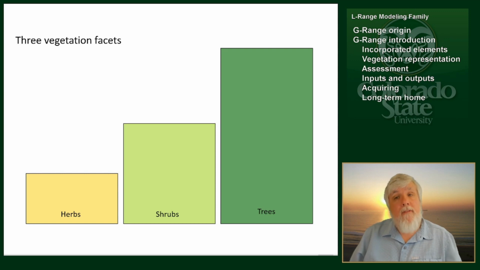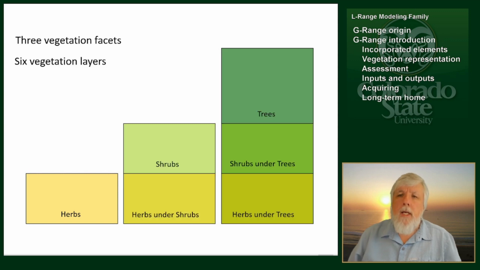So again, we have 3 vegetation facets. That includes herbs, shrubs, and trees. There is more detail than this would suggest. For example, 6 vegetation layers are tracked. That includes herbs, herbs under shrubs, herbs under trees, shrubs, shrubs under trees, and then trees.